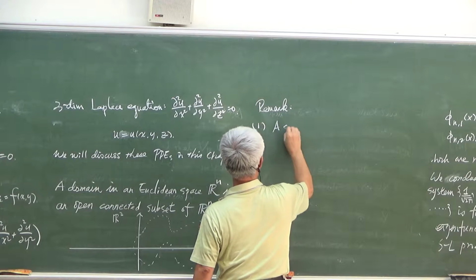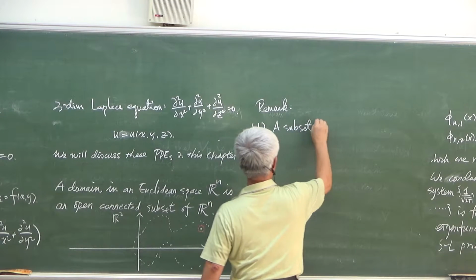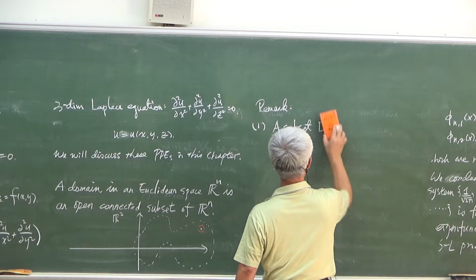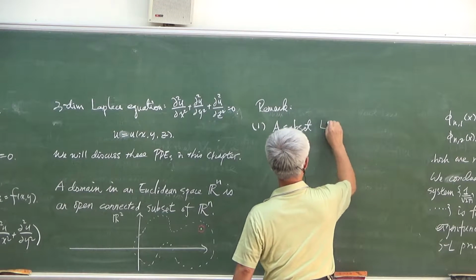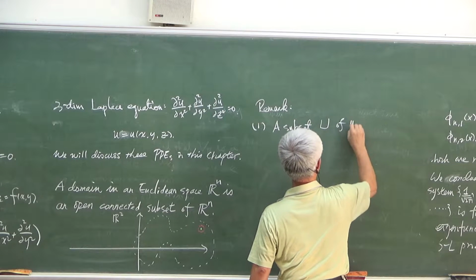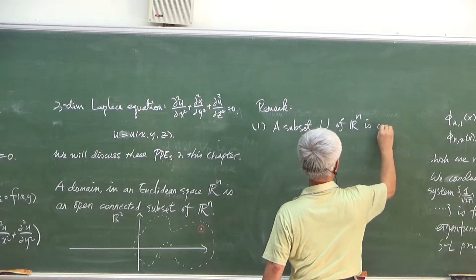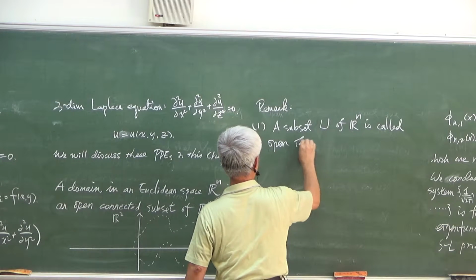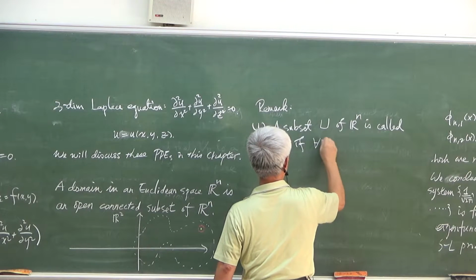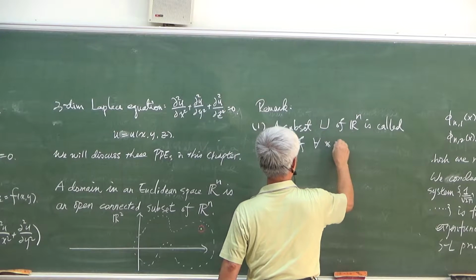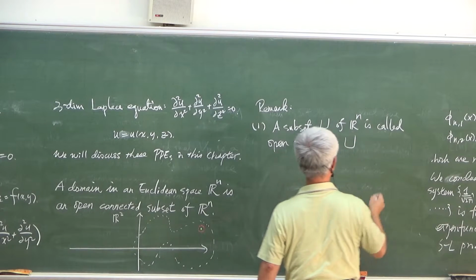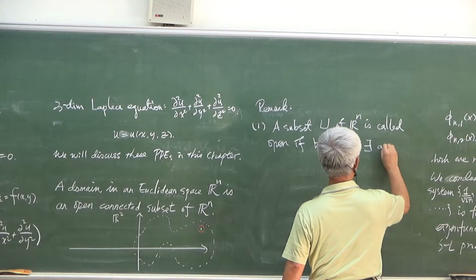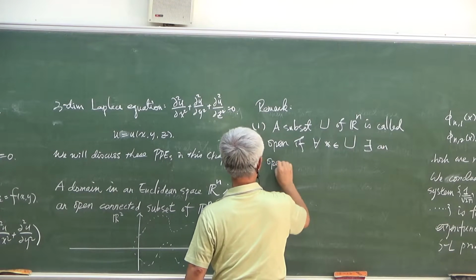A subset U is called open if for all points in U there exists an open ball.